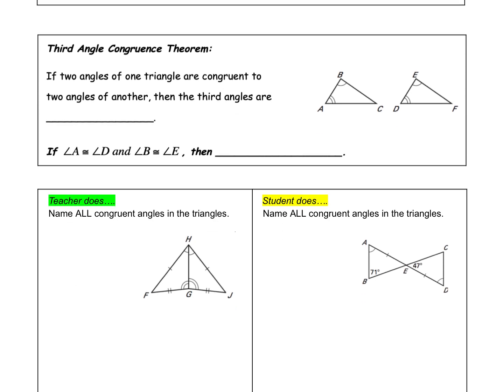Okay. This is what I do want to talk about, though, is the third angle congruence theorem. If two angles of one triangle are congruent to two angles of another triangle, then the third angles are also congruent.